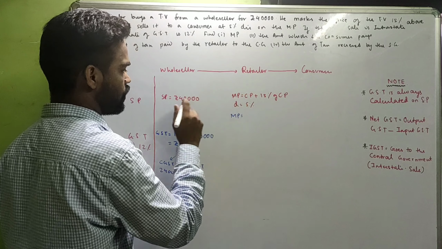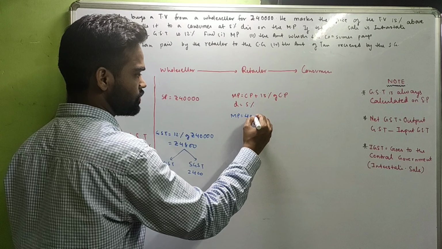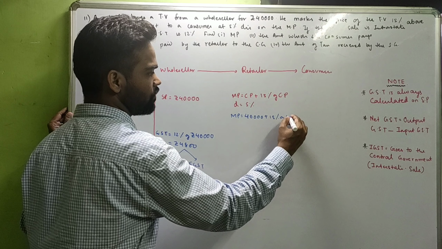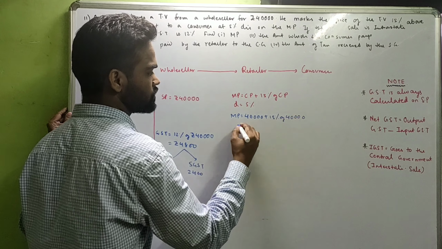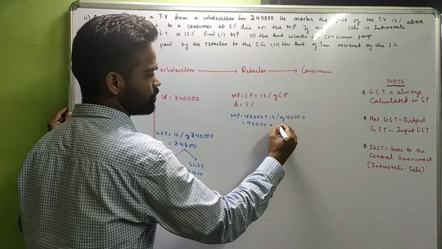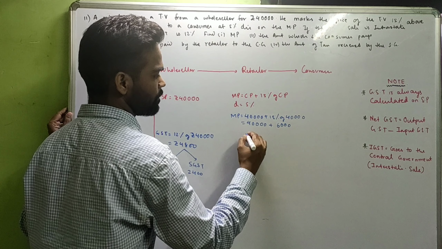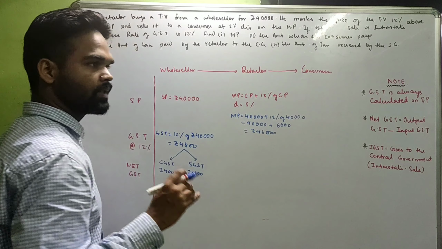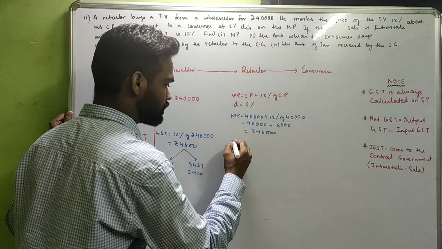Now look, we'll first calculate the mark price. The mark price: the cost price, which was 40,000, plus 15% of 40,000. That's 40,000 plus 6,000. So that's rupees 46,000. We'll find the SP now.